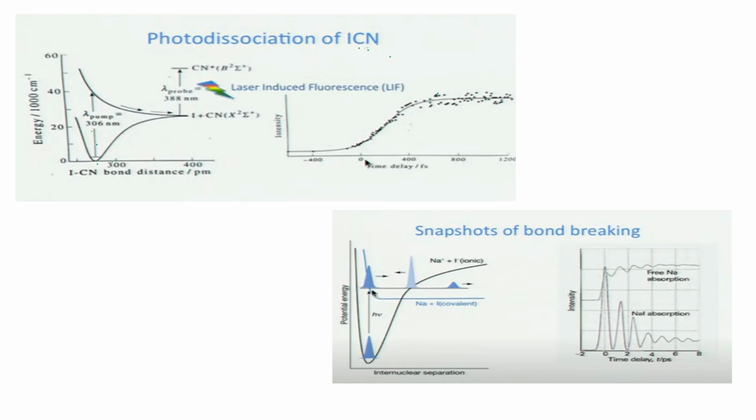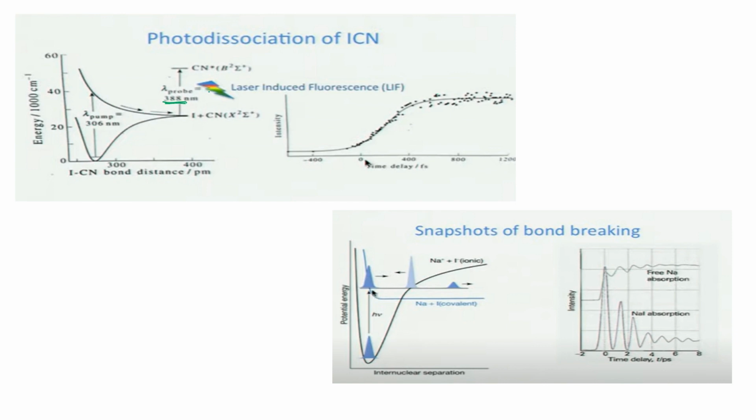Now, when you incident a pump light of 306 nanometer, it will reach a higher excited state. Meanwhile, they see there is some population as a function of time in this excited state. Further, they again incident it with a probe light that had a wavelength of 388 nanometers.